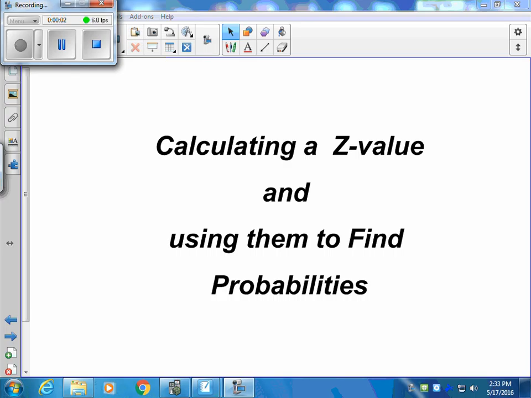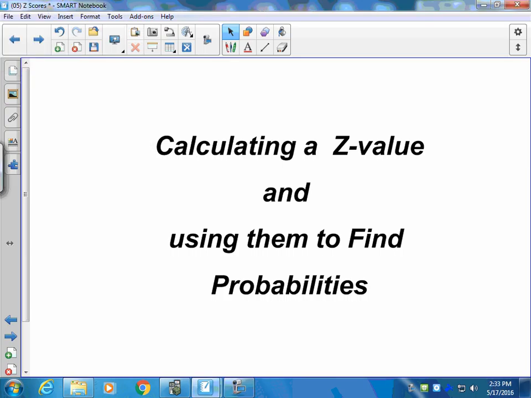Hello and welcome to today's lesson on calculating a z-value and using the z-value to find probabilities for being in specific intervals.